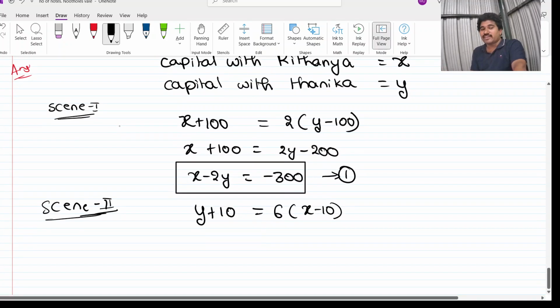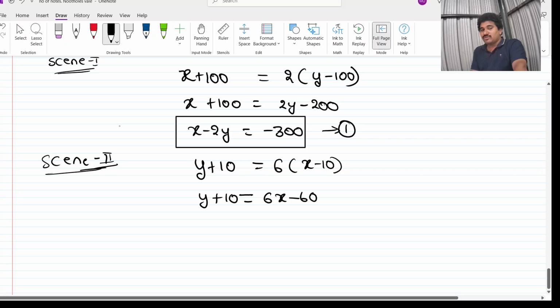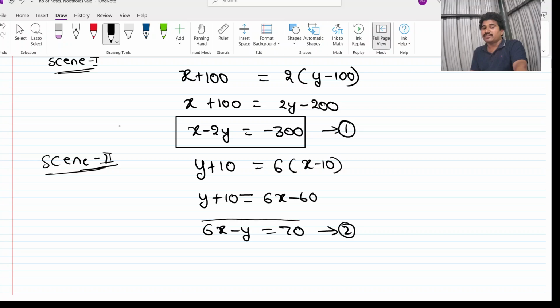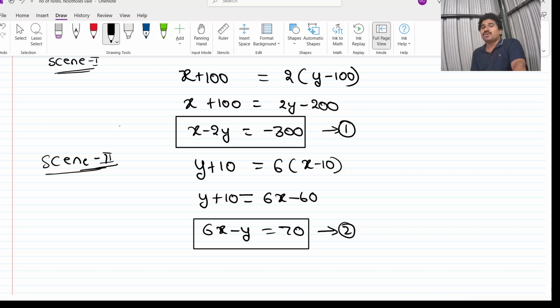So the equation is y plus 10 equal to 6x minus 60. So 6x minus y is equal to 70. Equation number 2. It's plus 70 only. Check yourself. I sent y to this side, 60 to this side.